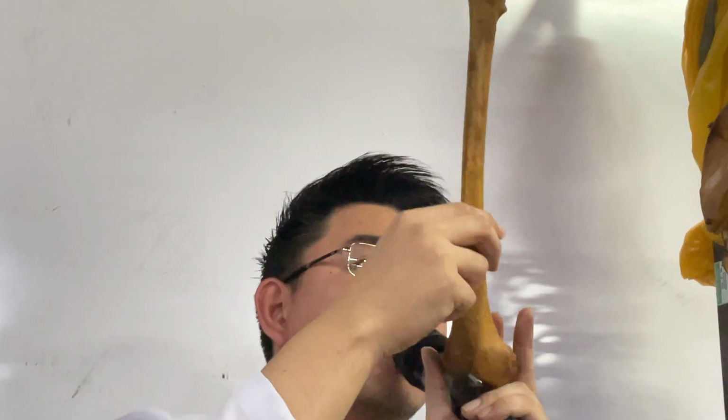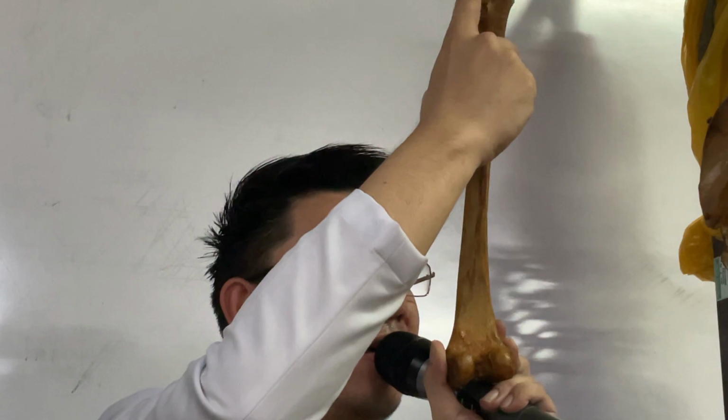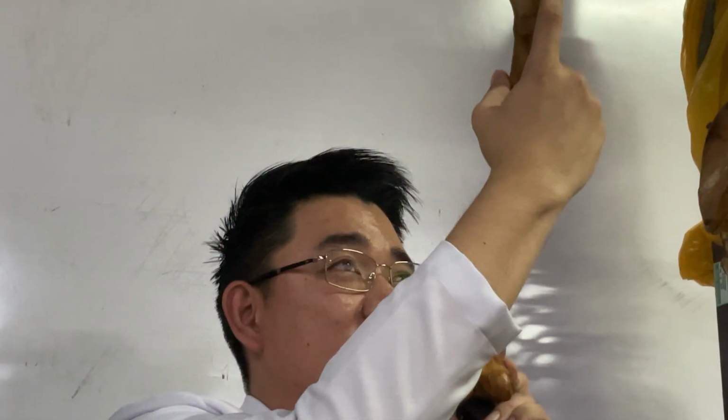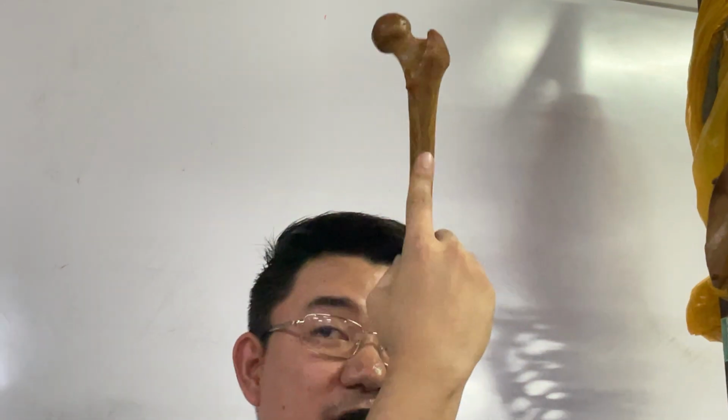Okay. So let's go to the back. So we have here, what's this again? The greater trochanter, we have the lesser trochanter, and you have the shaft or body of the femur. Okay. Do you see this line in the middle of the shaft? You see this line?